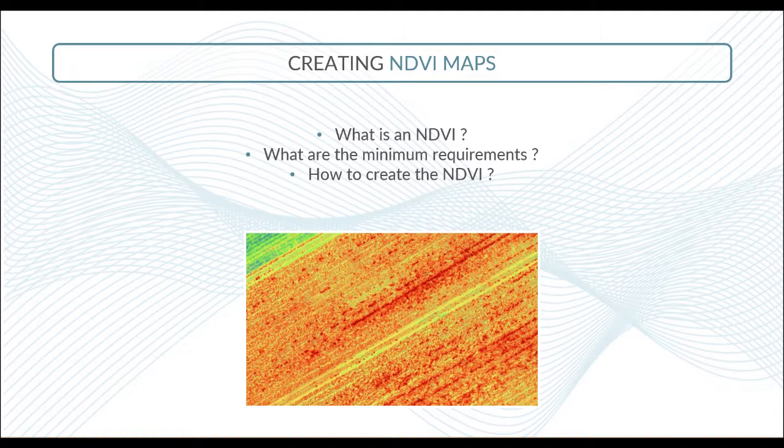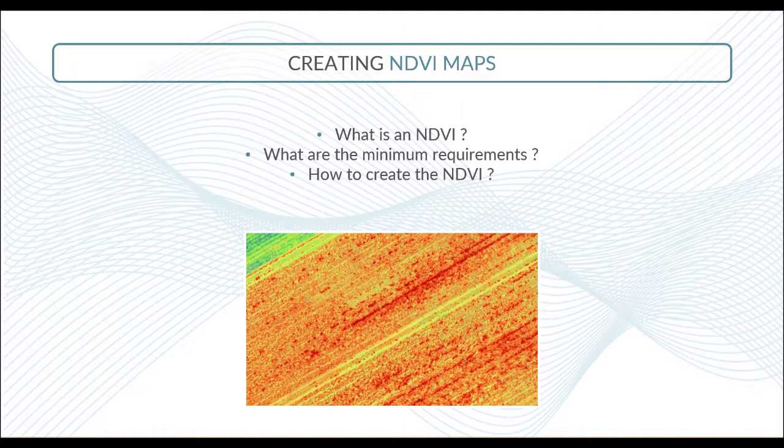The minimum requirement to generate the NDVI is obviously to have 4-band images where you have the red and the infrared band. And Correlator3D by default will need the 4-band order to be red, green, blue, infrared. So in band 1 you have the red, and in band 4 you have the infrared.